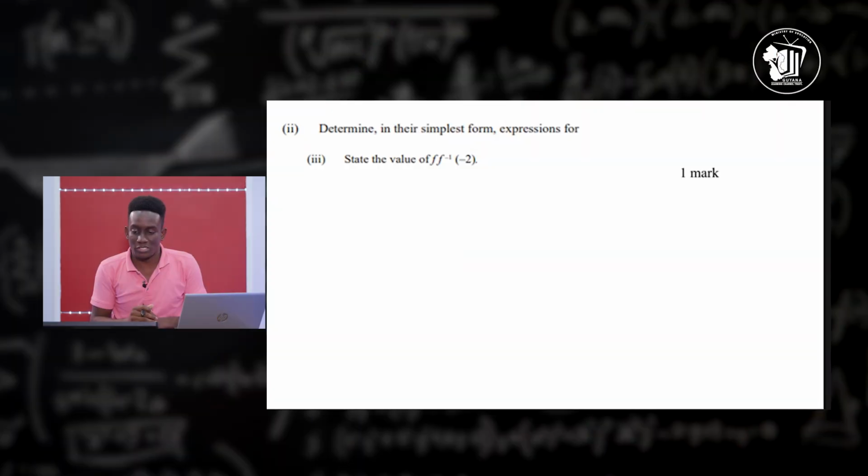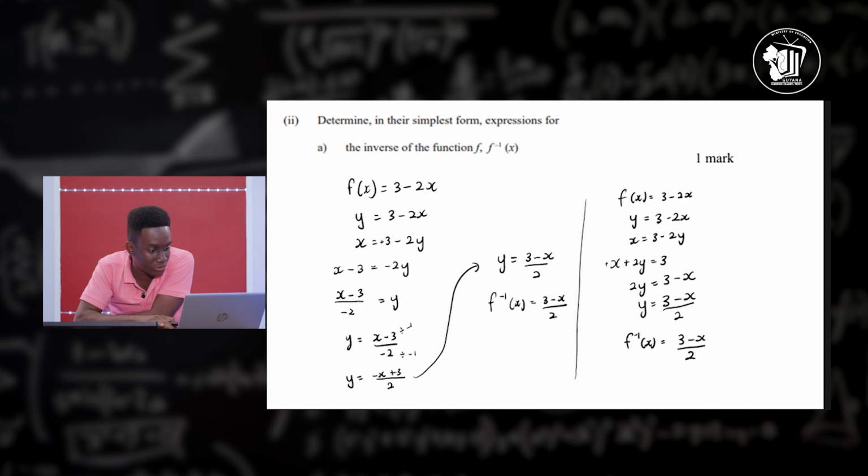So the last question now says, determine in their simplest form expressions for, and state the value of, f of f inverse of negative 2. So here's the thing. With this question, we're taking this function and we're putting it inside of this function. So I think earlier in this list of questions, we found f inverse of x to be 3 minus x all divided by 2.